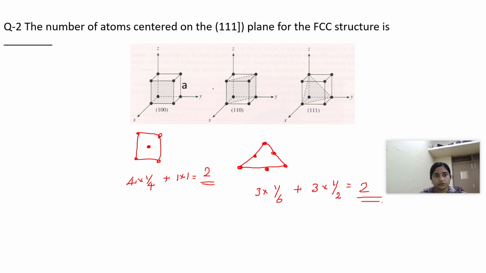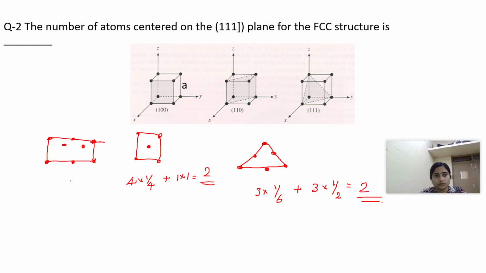Now if the plane is like this, the 110 plane, the 110 plane means the middle plane crossing the diagonal. So there will be 4 atoms in the corners and 2 face atoms here.